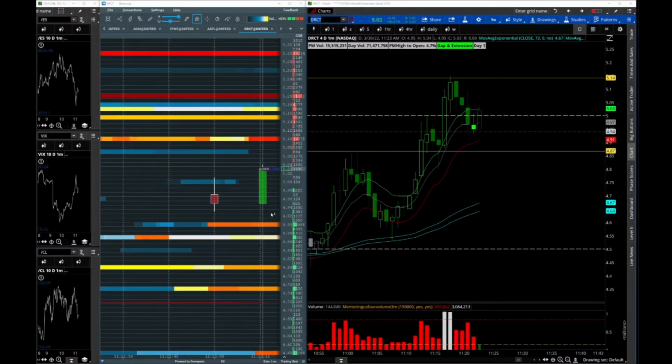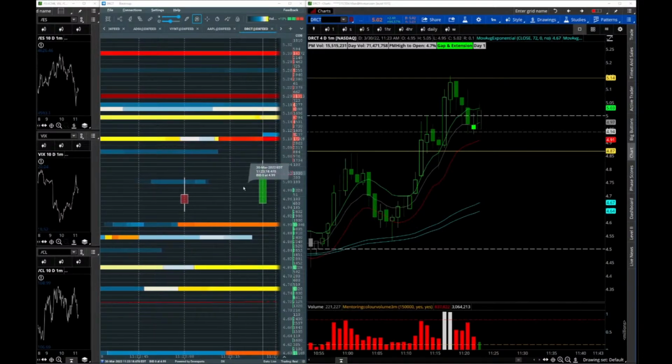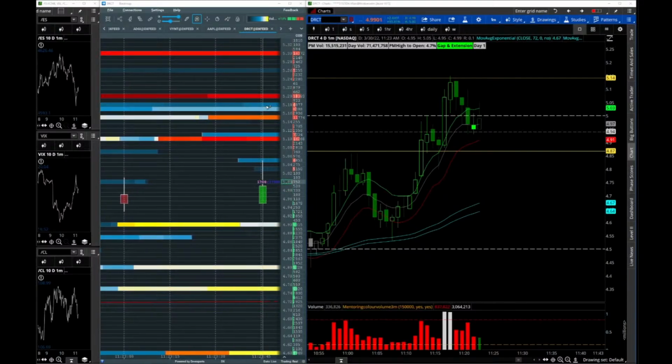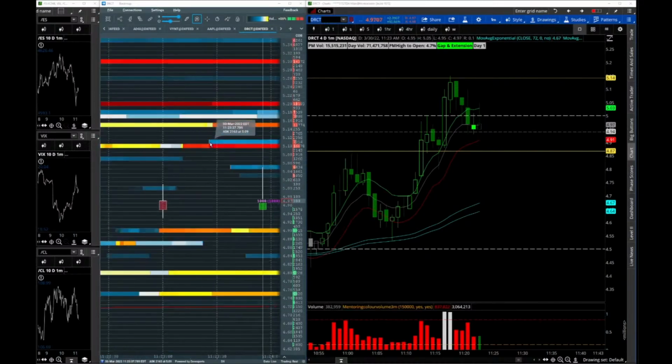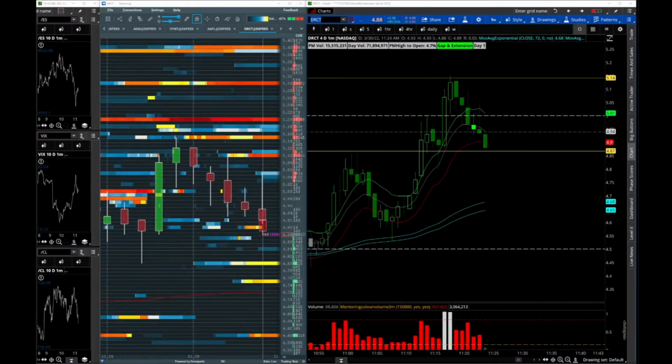I want this 4.90. Reclaim the 5. There we are, 4.90 dip.